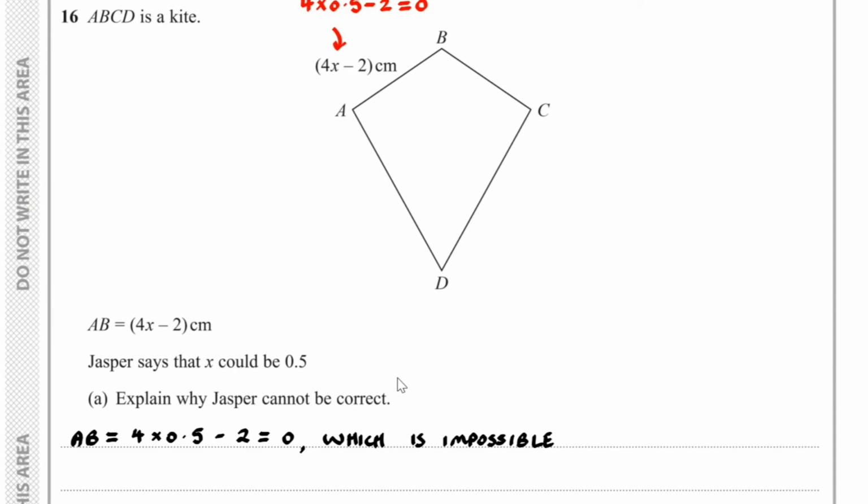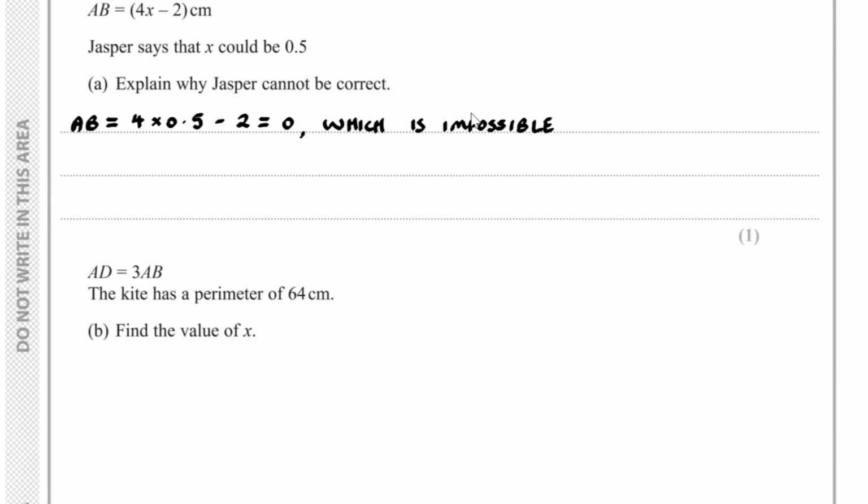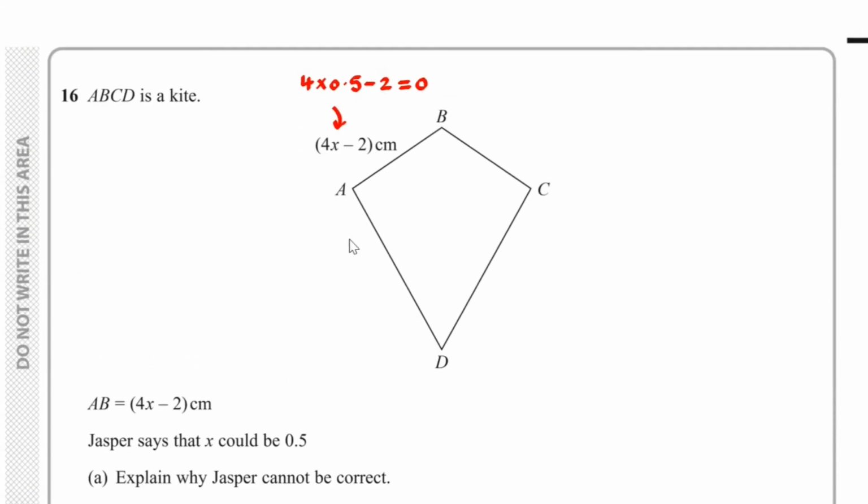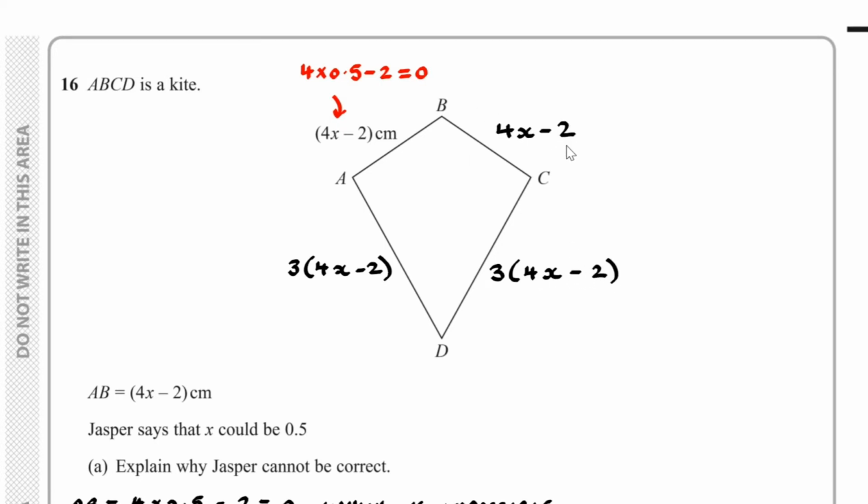Well, if I've got AD equaling 3AB, that means here I've got 3 times by 4x minus 2. And also here I've got 3 times by 4x minus 2, and here I've got 4x minus 2.